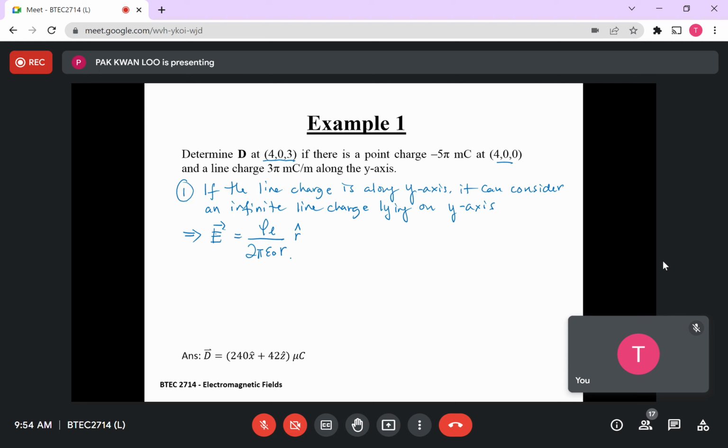This R here is the radial direction that is perpendicular to the line, right?